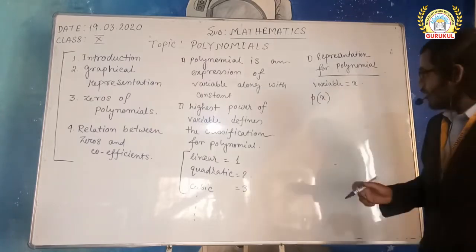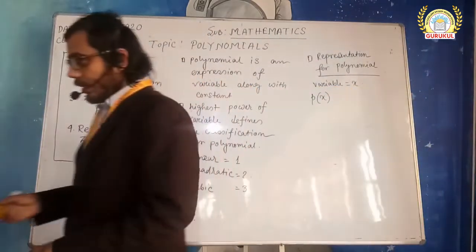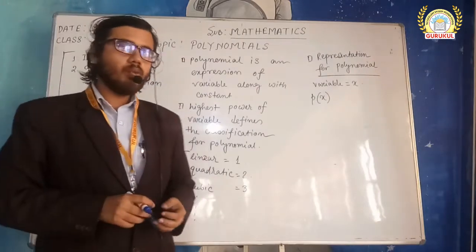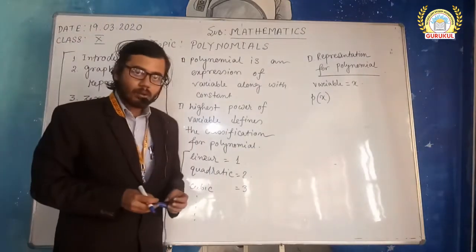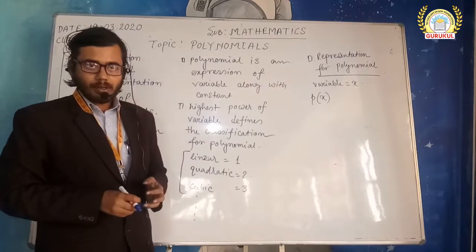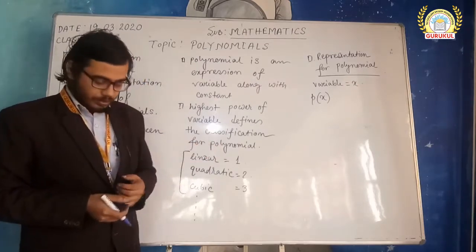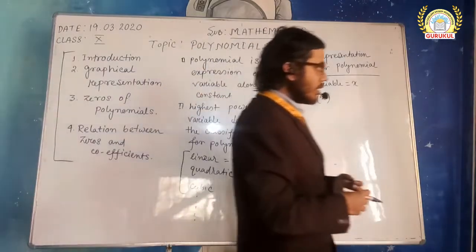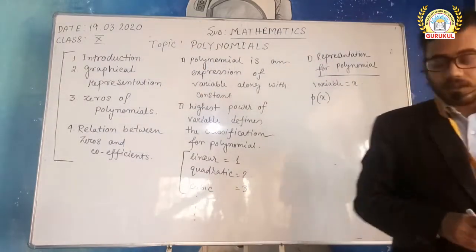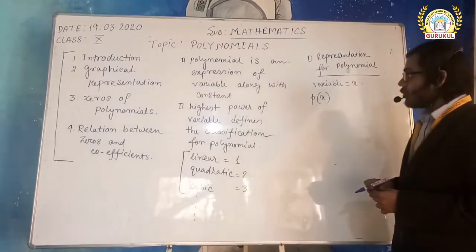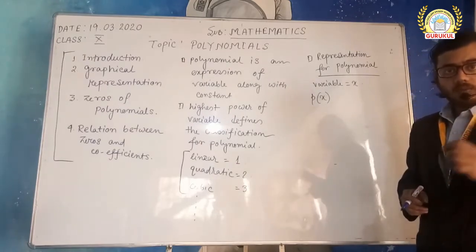Now you can say that, sir, you are only using one variable. Can we use another variable with this? In that case, I can say that no, you can't use it. In case of polynomial, you will have to use only one variable.